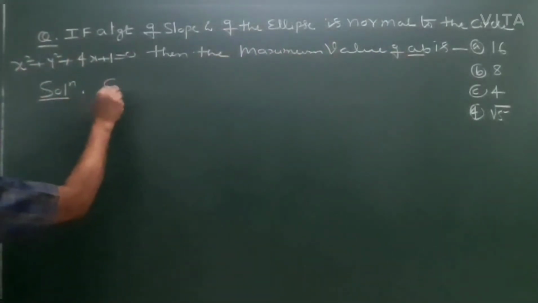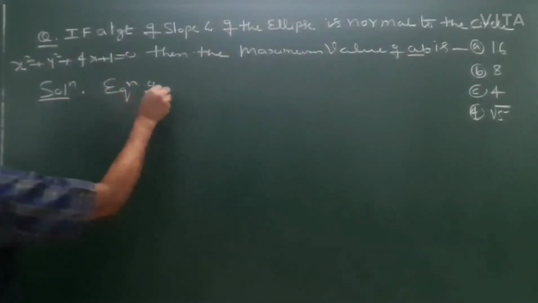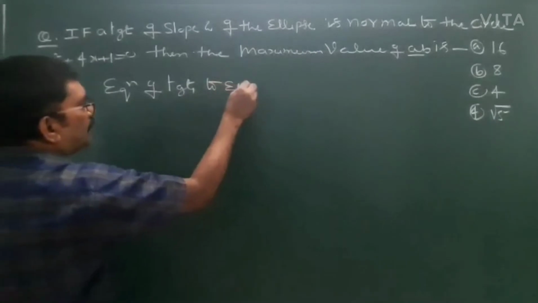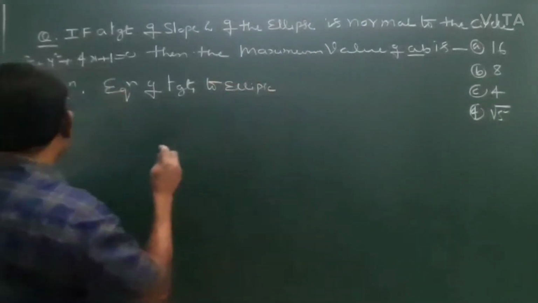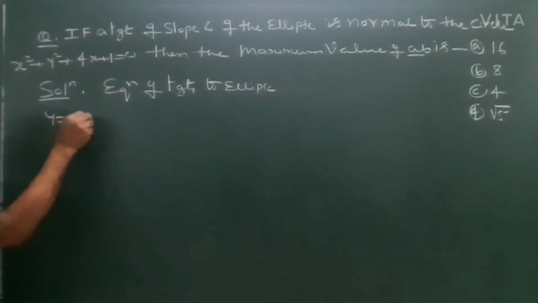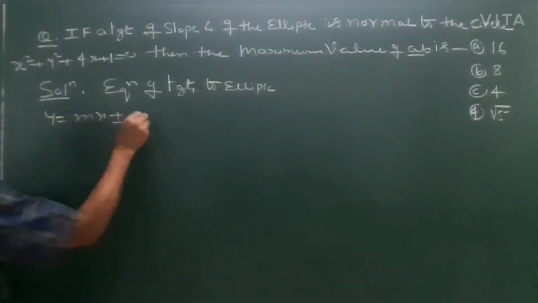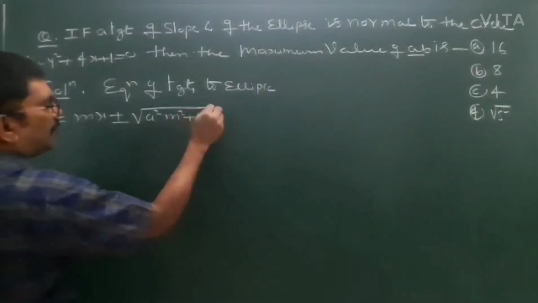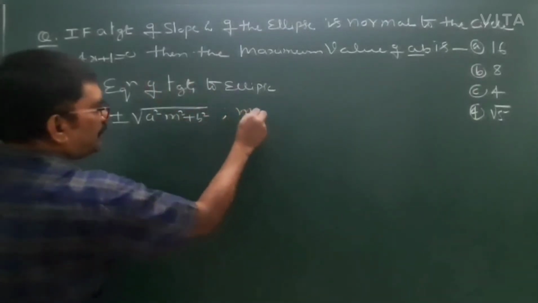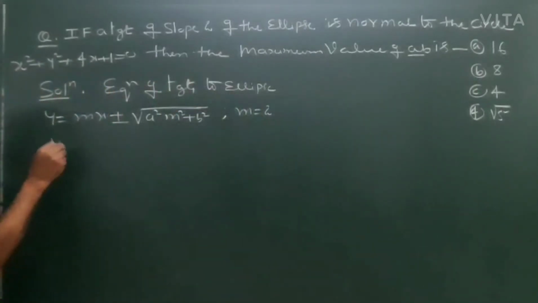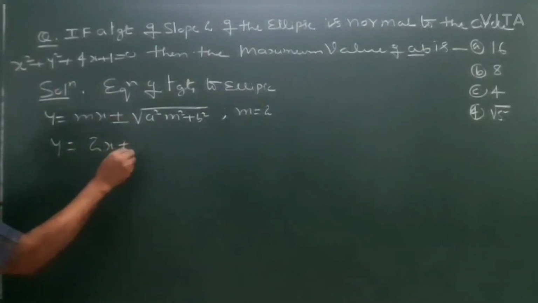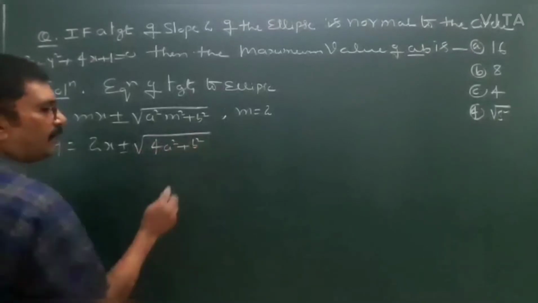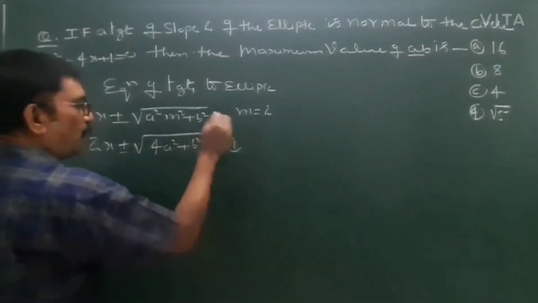Now I will write the equation of tangents to the ellipse: y is equal to mx plus or minus square root of a square m square plus b square, given m is equal to 2. Therefore it becomes y equal to 2x plus or minus square root of 4a square plus b square. Call this 1.